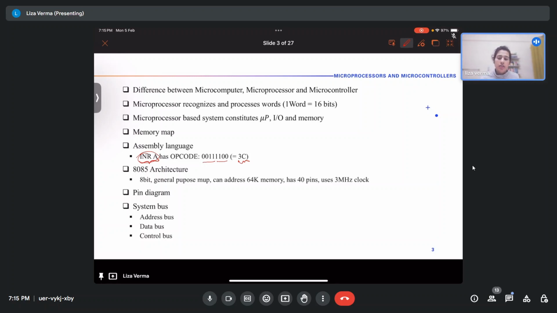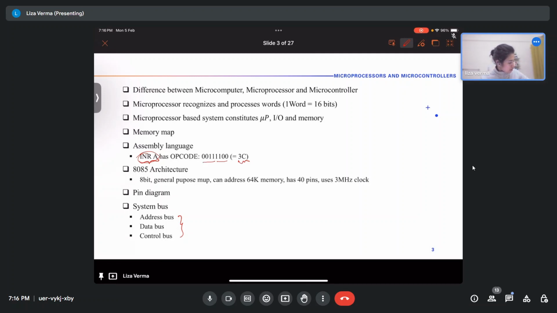A microprocessor will have three kinds of buses. Since you know by the architecture, there are different segments in the microprocessor. To fetch data, to fetch a program, to decode it, to operate on that data, or to put your output, the result from that operation, all the data or instructions can be transported by these three buses: address bus, data bus, and control bus.